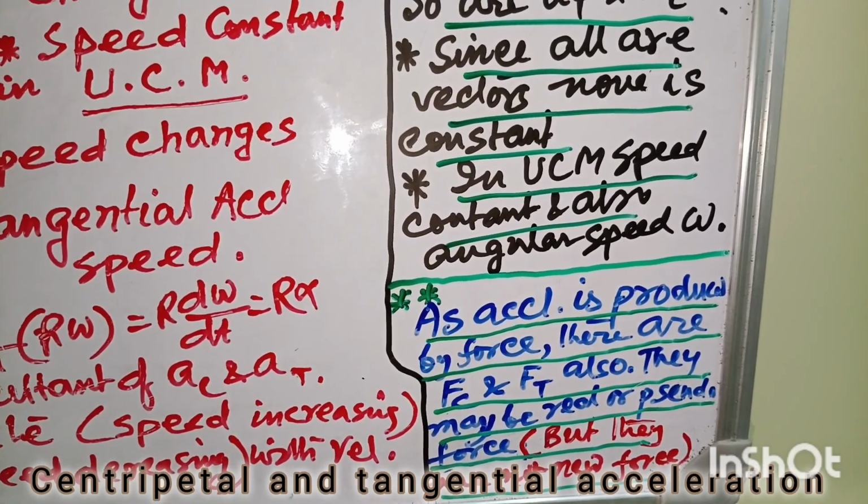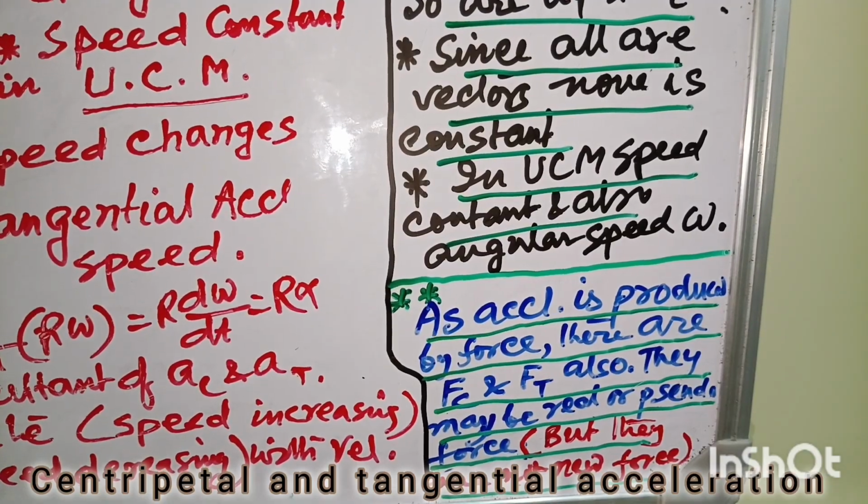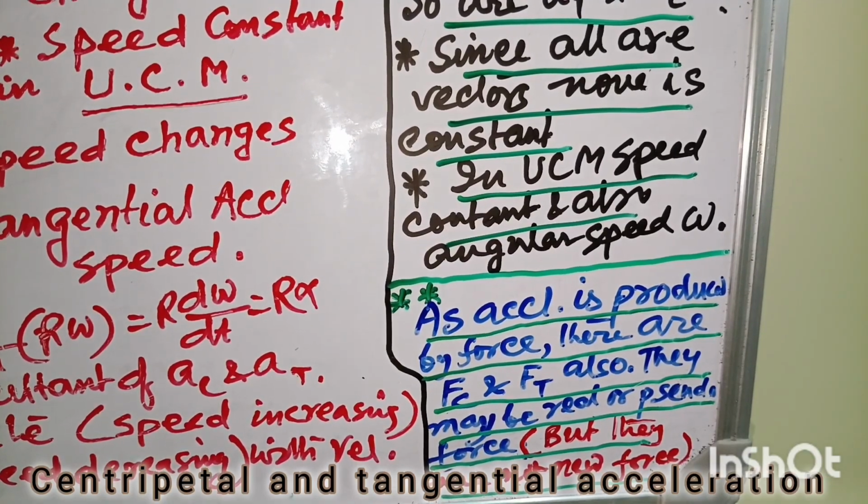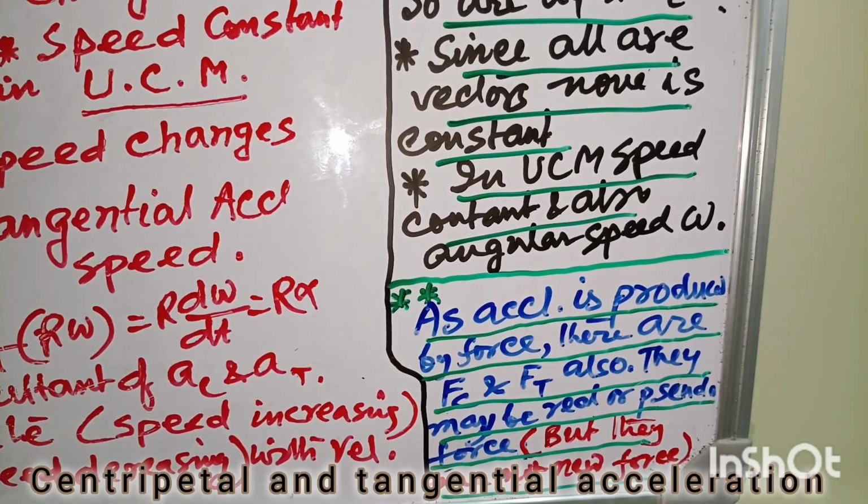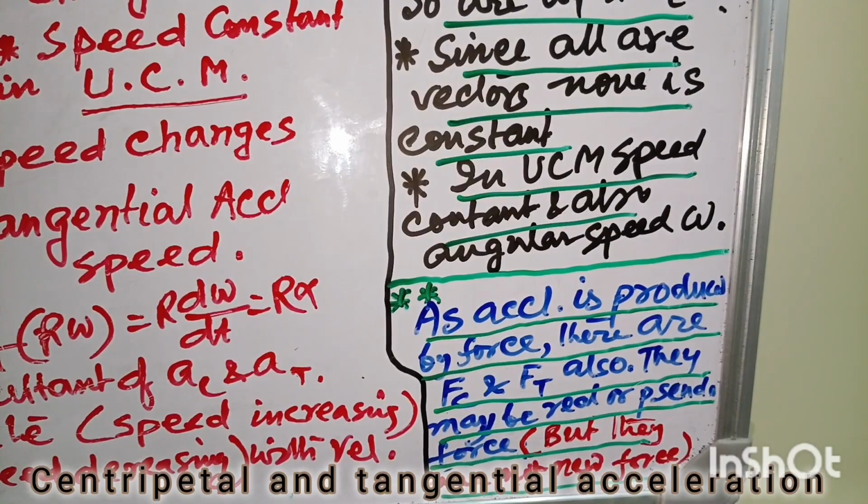That means actually there will be one force which is the resultant of these two forces, and it can be resolved like this, FC and FT. Now which can be that force? Any real force or even pseudo force can act as centripetal or tangential force, any.